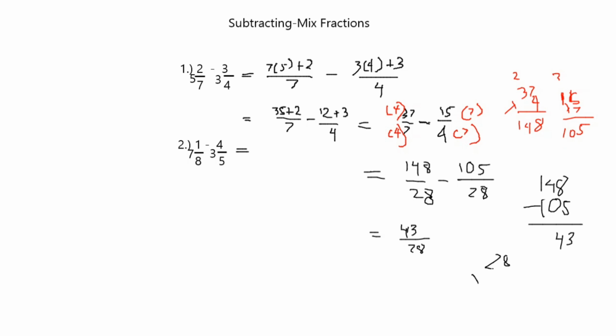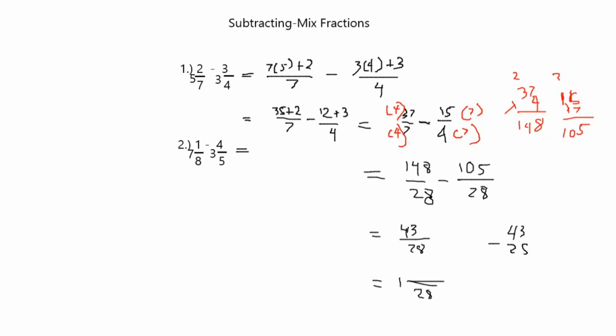So this is pretty easy when transforming to a mixed fraction. 28 times 2 is 56, so we can see it's not possible because it is greater than 43, which means we cannot use the number 2. So we're going to use the number 1. So we have 1 here. And then we're just going to subtract 43 and 28.